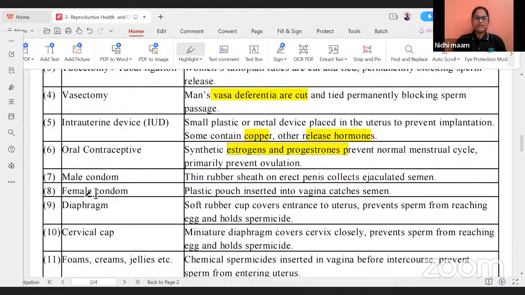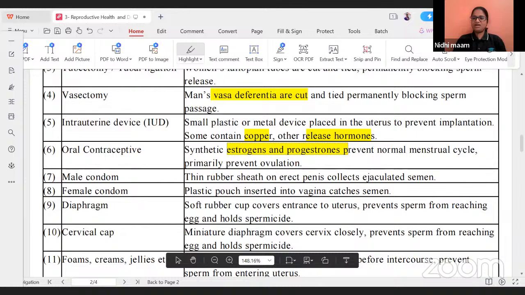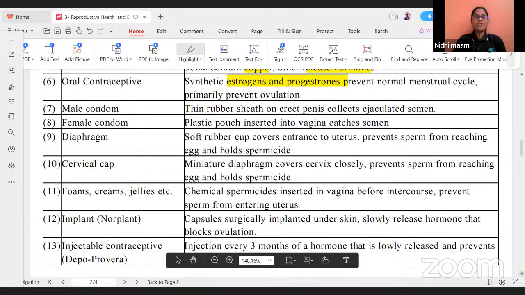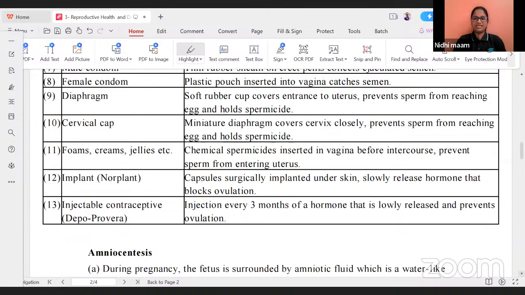Male condom, female condom, diaphragm, a soft rubber cup that covers the entrance of the uterus. Cervical cap, which covers the cervix. There are foams, creams, jellies, which act as spermicide.